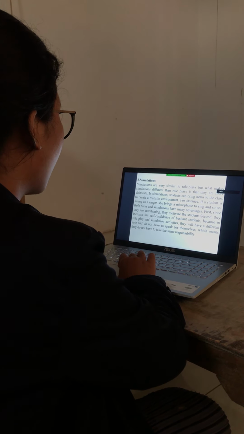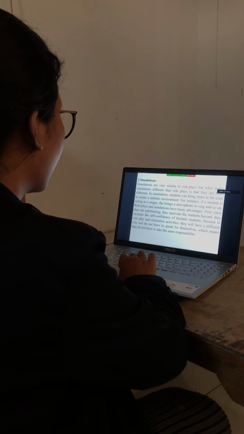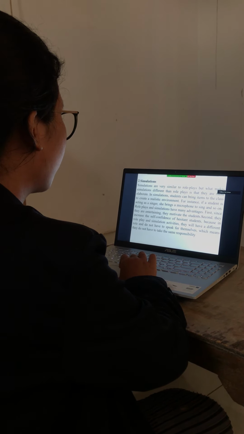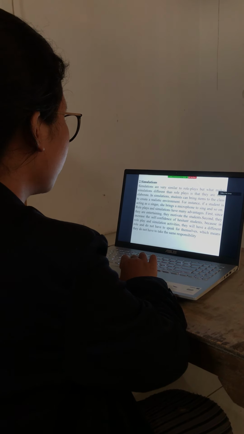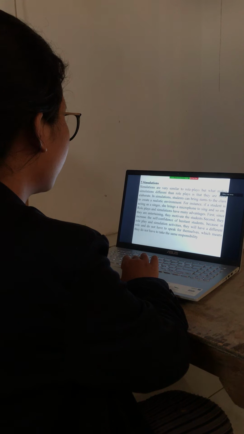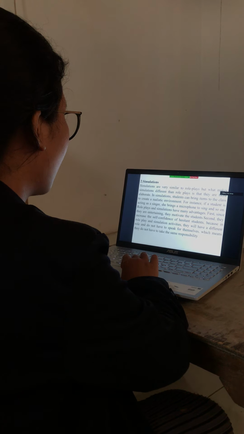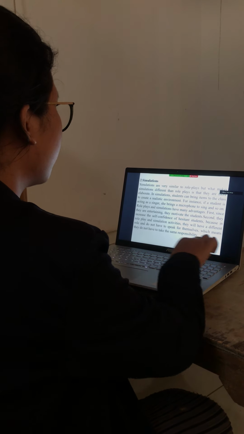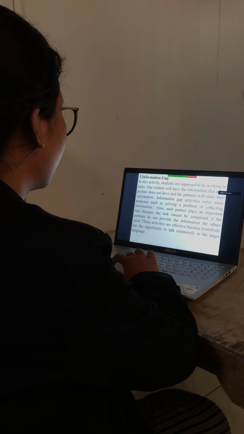First, since they are entertaining, they motivate the students. Second, they increase the self-confidence of hesitant students because in role play and simulation activities, they will have a different role and do not have to speak for themselves, which means they do not have to take the same responsibility.